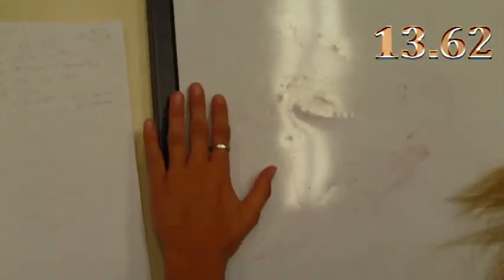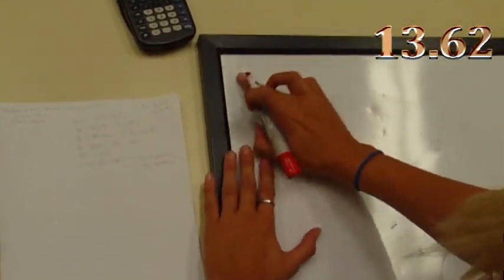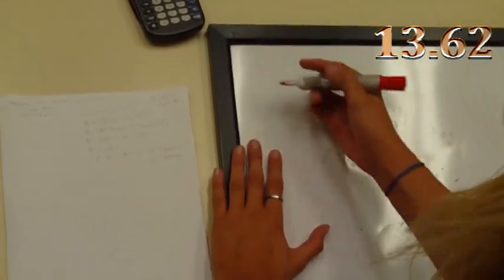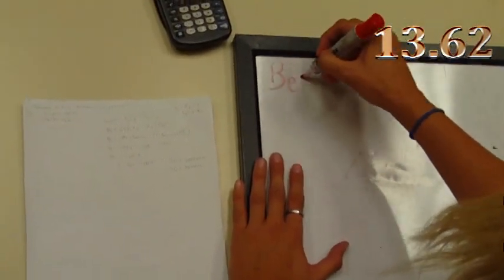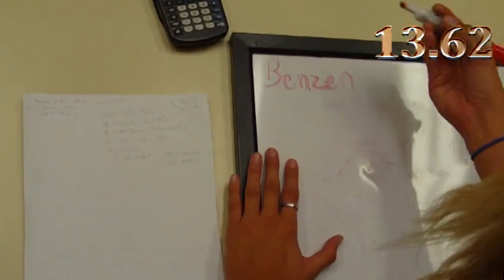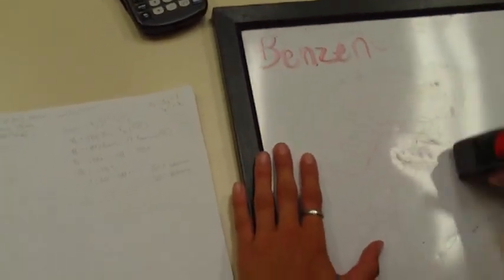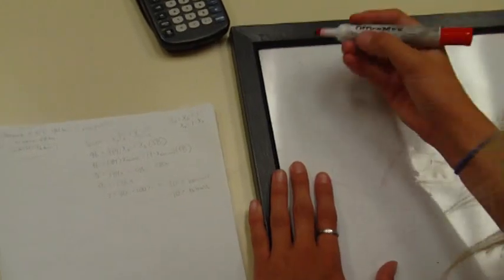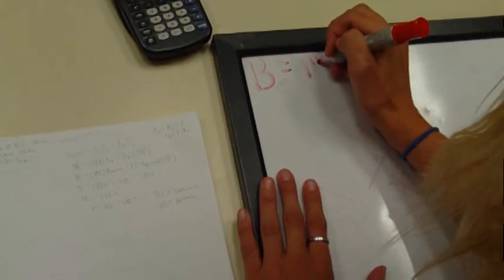Alright, so this is kind of a backward solution. It gives us everything we need to know. I'm just going to go ahead and write the things it gave us and then sort of organize. So we know that the benzene, which I'm actually just going to abbreviate to B, was 184 torr.